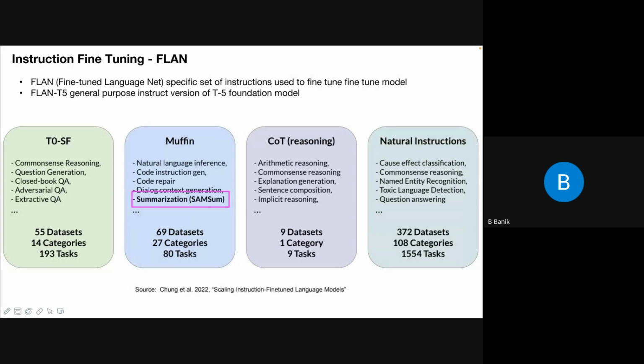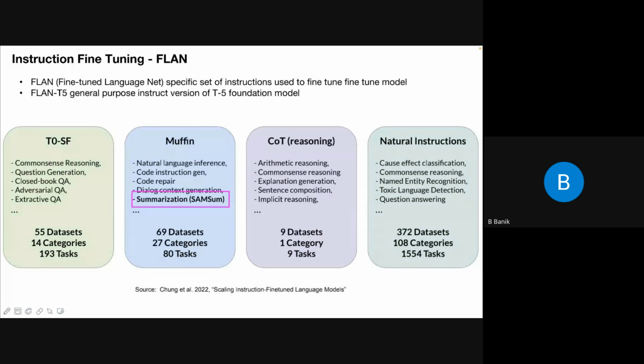FLAN-T5 is a general purpose instruct version of the T5 foundation model. You see that there are a lot of data sets it is trained with. One of those data sets has summarization: given a text, it can do a summarization of natural language or the interaction between person one and person two.